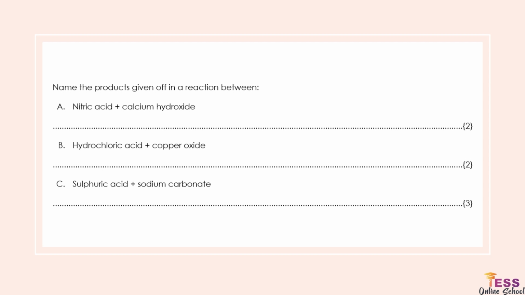Now let's try a longer question. Once again, try these independently and then check shortly after completing them to add any corrections and award yourself marks. Name the products given off in all of the reactions below. This question is made up of multiple marks, so we are looking for a detailed answer for each one.